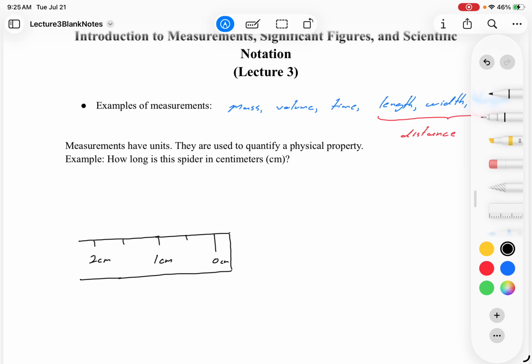Let's go ahead and draw a spider, or any type of insect you want. It doesn't have to be perfect, but just pretend we found a spider in the lab and we want to measure it. Actually, let's make it a black widow spider.